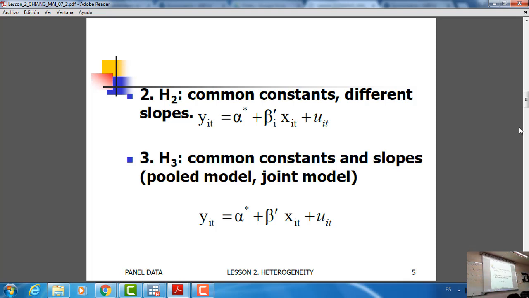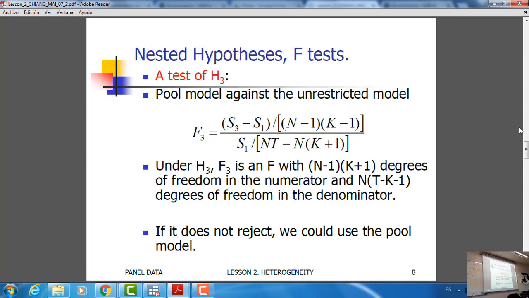One model had k slopes times n individuals, and the other one had only k slopes. This test is going to tell us whether we should use S1 or S3. It is going to tell us if we want a restricted model like S3 or a general model like S1. The way to decide this is always the same.